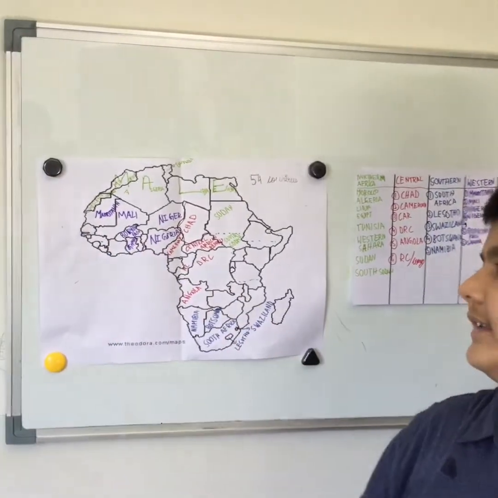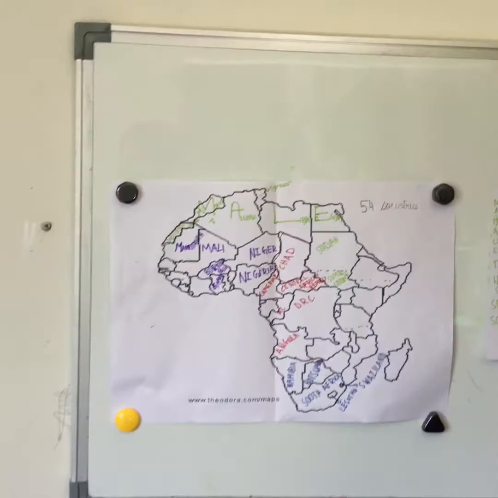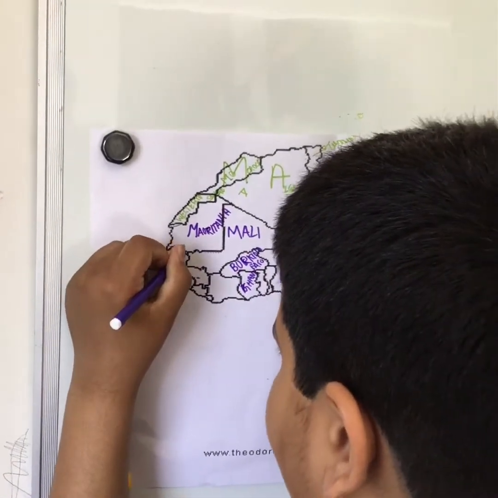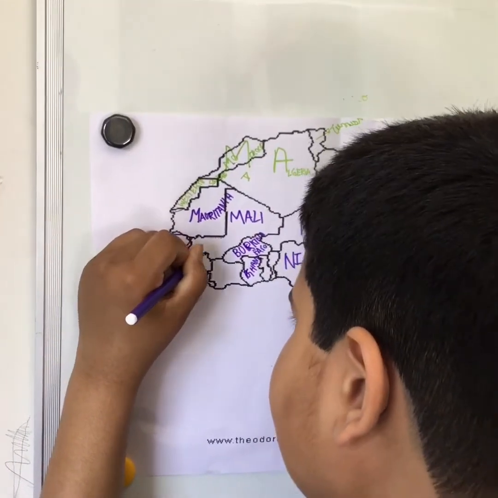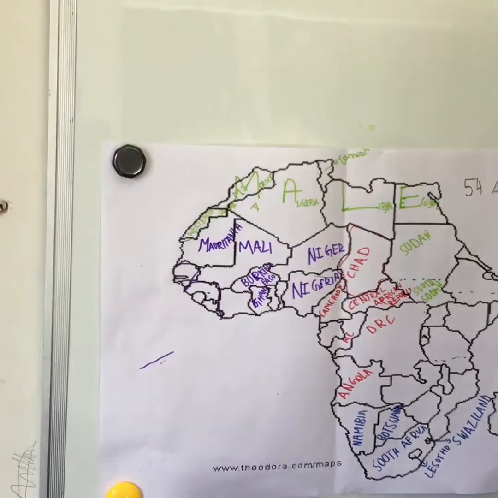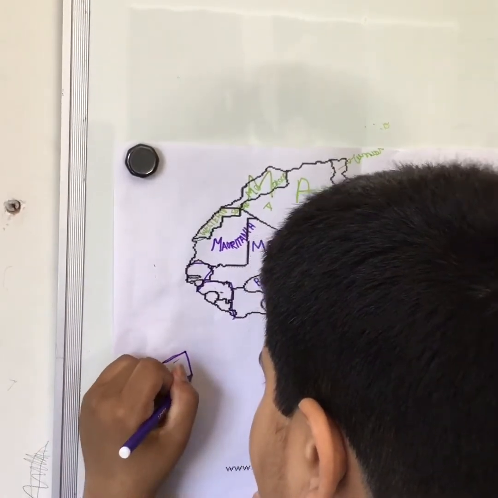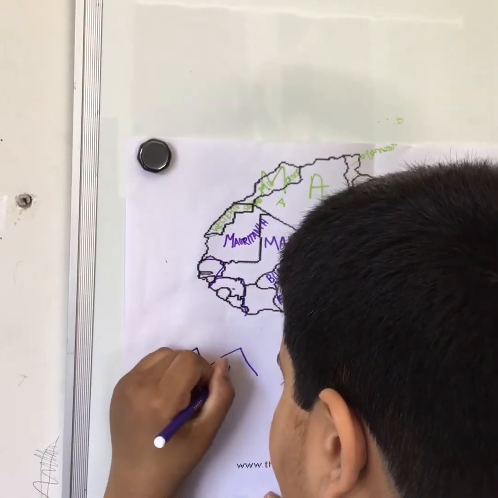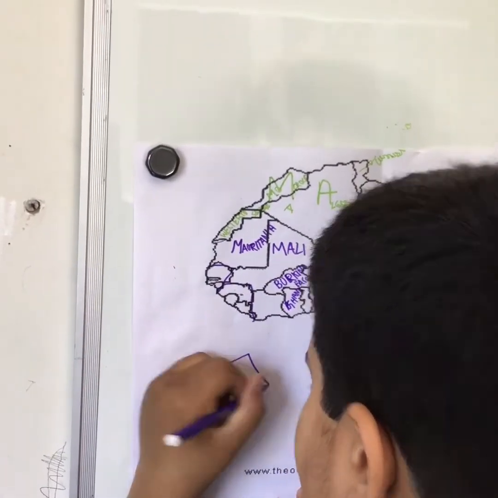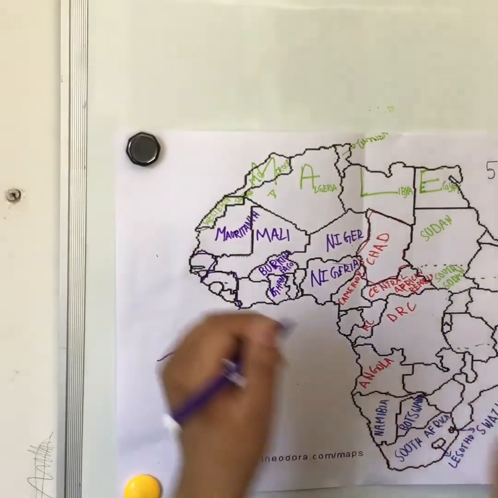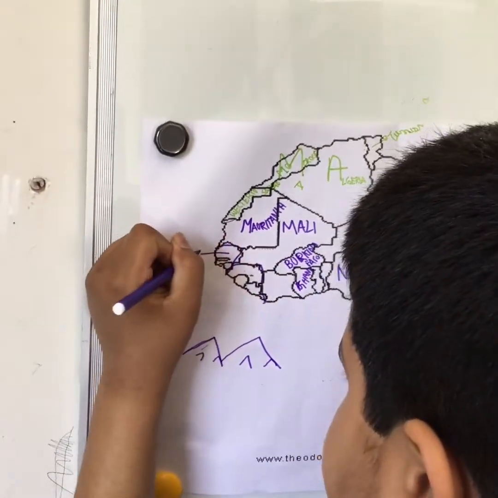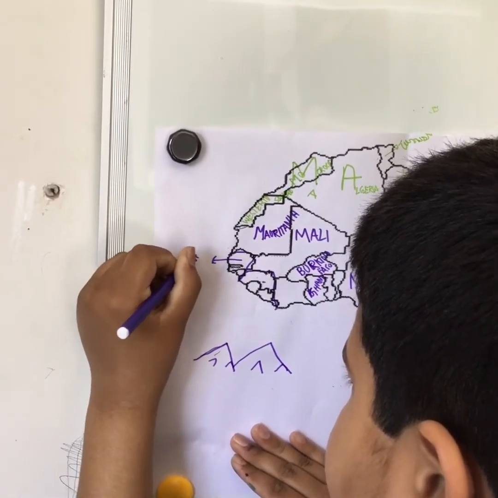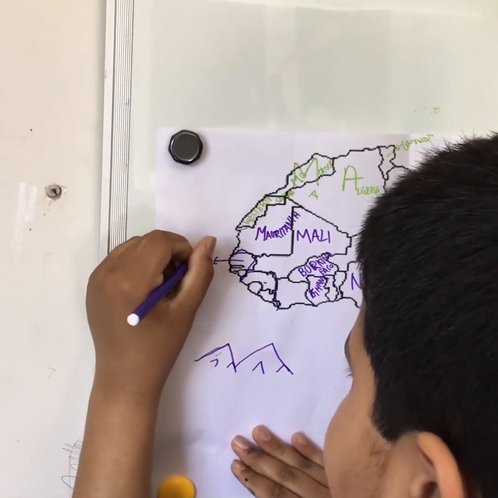Now we come to the westernmost part, which consists of several small countries, and to memorize them easily, we can draw the shape of a snake. So something like this, and this country is Senegal, the snake's mouth, you can say.